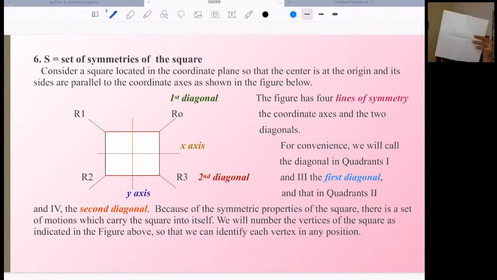So this figure has 4 lines of symmetry: the x-axis, y-axis, diagonal 1, and diagonal 2.